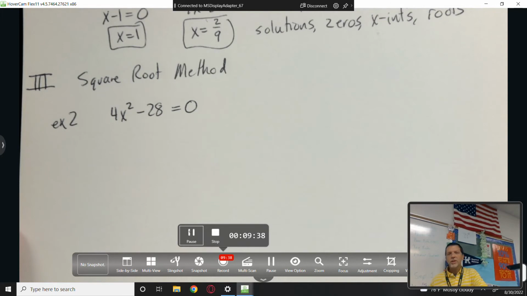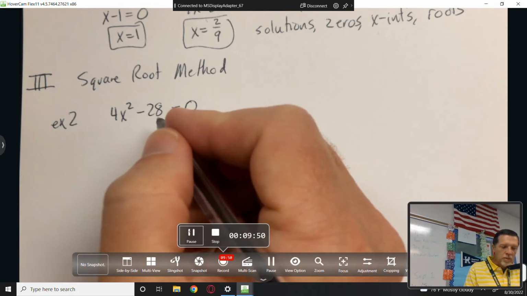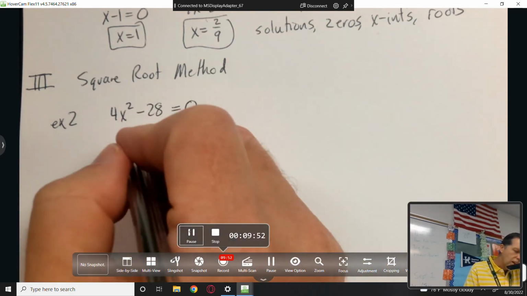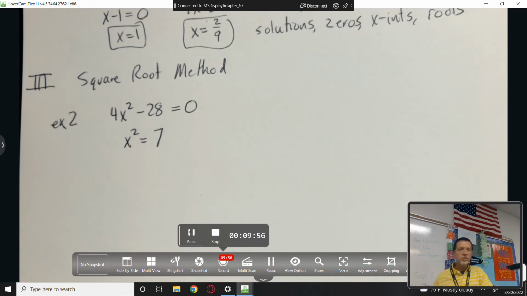What do you think we want to do for that one? Okay, so you could factor out a 4, you could divide by 4. I'm going to move the 28 over, but I'm going to divide by 4 eventually. So either way, how about I just do both of those things at once and get x squared equals 7.